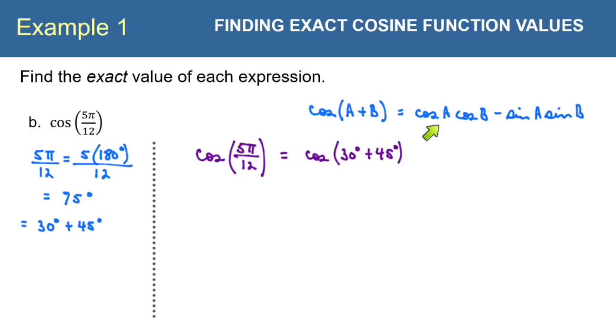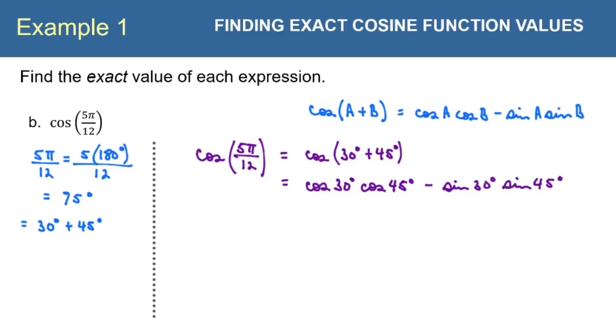Okay, this is the formula that we're substituting into. The 30 degrees is our A, and the 45 degrees is our B. So it's going to be cosine of A, which is 30 degrees, times cosine of B, which is 45 degrees, then minus sine of 30 degrees times sine of 45 degrees. And so now we've used our formula, and the next step is to substitute our known values in place of each function value.